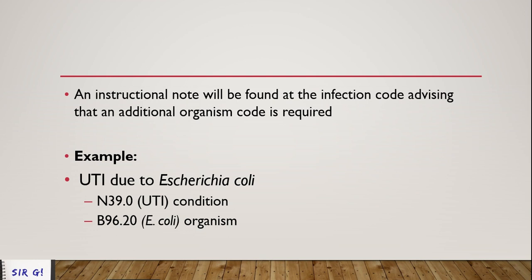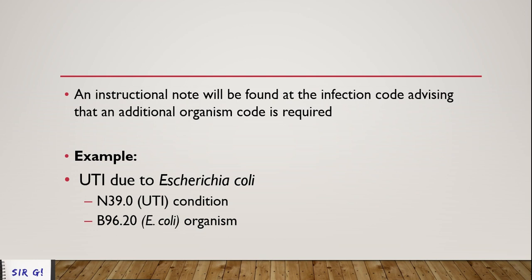Okay, so I have an example here, which is your UTI due to E. coli. Remember that the common cause of your urinary tract infection is E. coli, which can be seen in our feces. So your code for your UTI is N39.0.